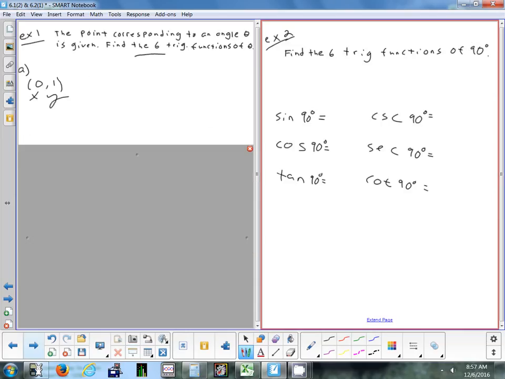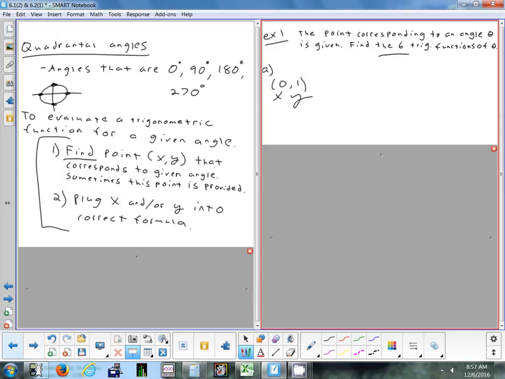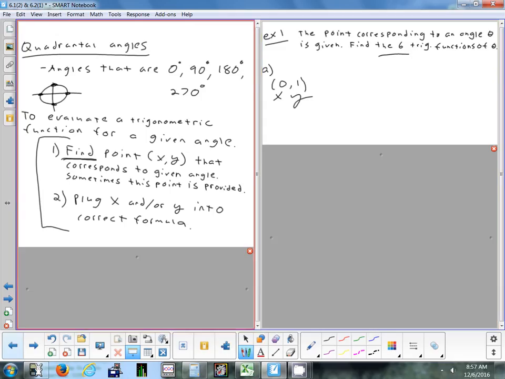Now, when we do one like that, they're not giving you the coordinate. They're telling you 90 degrees. So first, find the coordinate for 90 degrees, and then plug it in. And it's not very hard to find the coordinate.